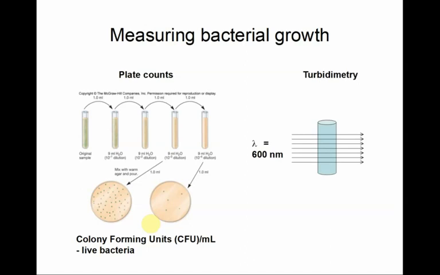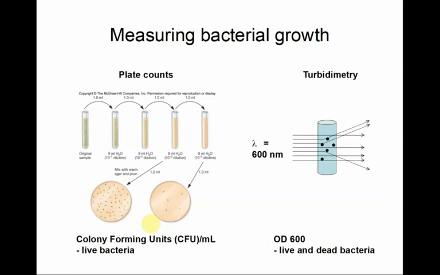If you have small solid objects in suspension, like bacterial cells or crystals, these objects will scatter some of the light. You can measure this as an optical density at 600 nanometers. It's not absorption by a chemical, it's just light scattering.